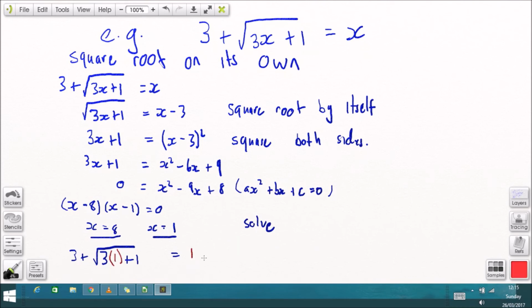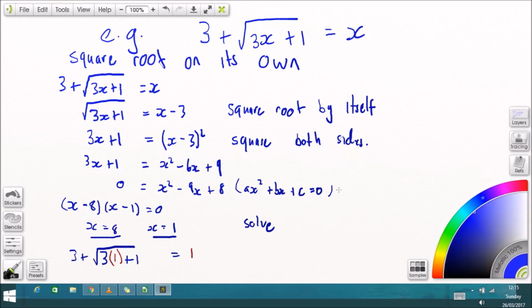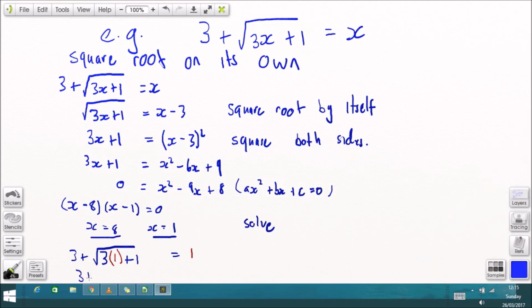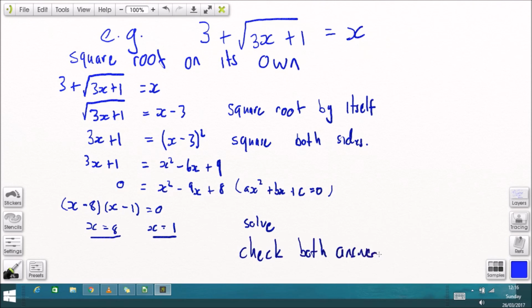This is true. I'll do it again with the other answer, x equals 1, and that's 3 plus the square root of 4 equals 1, so 3 plus the square root of 4 is 5 equals 1. No, that's not true. So what we've done is we've got 2 answers, and only one of them actually works.